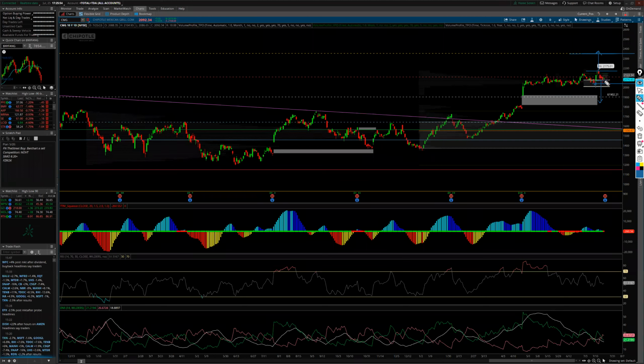So let's see. It is at 2070. I'll just say, right? It's at 2070. 300 points higher means you're talking about 2370. Think about it. That's my fib, exactly where my fib lines up.